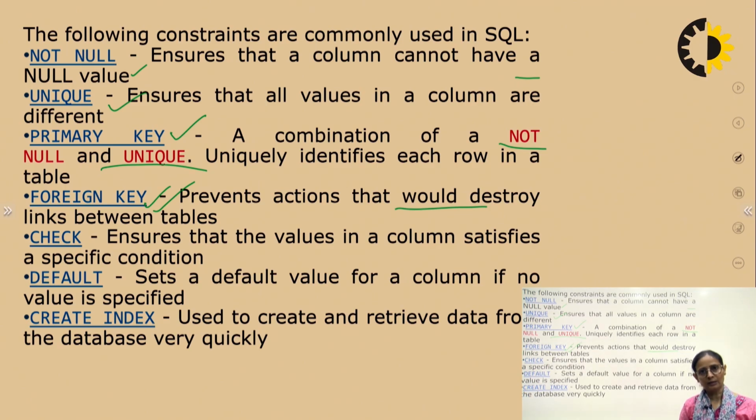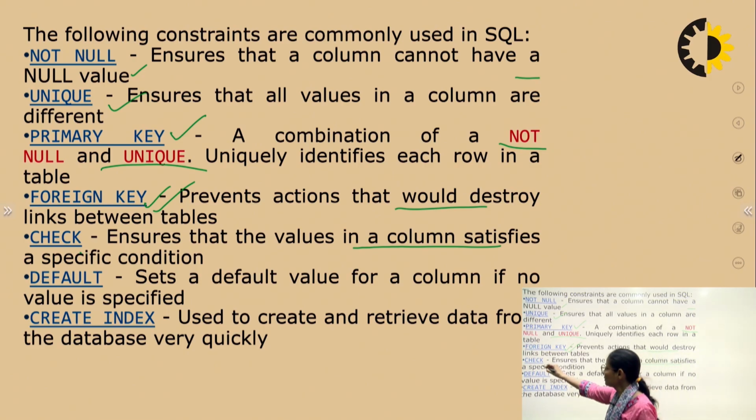Then the check, it will ensure that the values in a column satisfy a specific condition. For example, for age, what we have seen is that it should not accept values from 0 to 3.9 or 3.11. In that case, I will give such kind of conditions with the help of check.